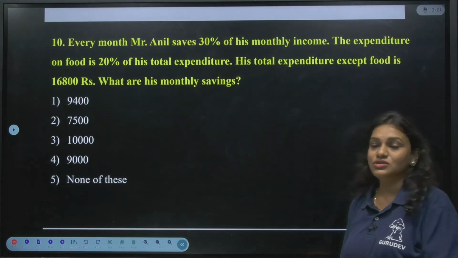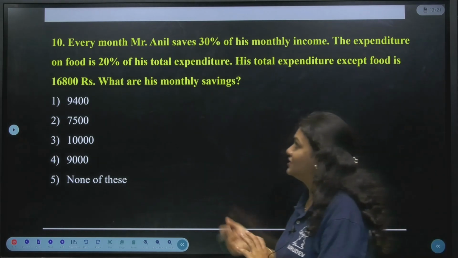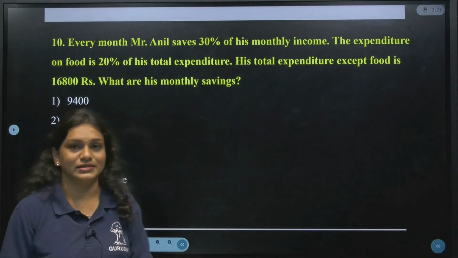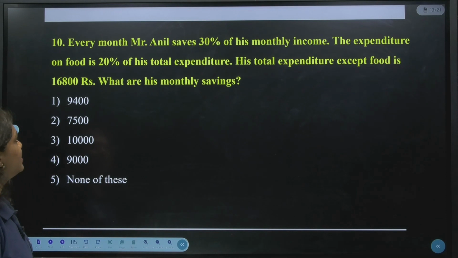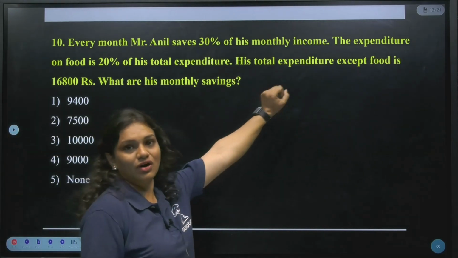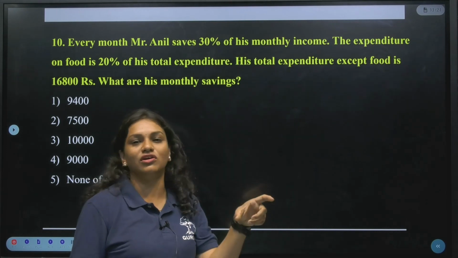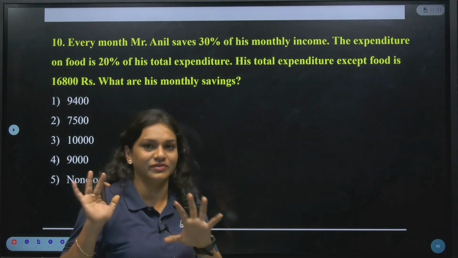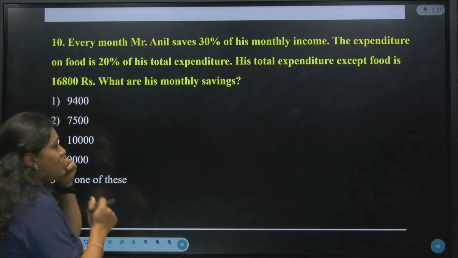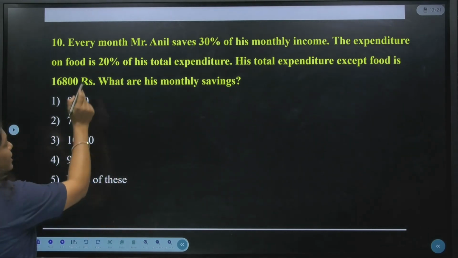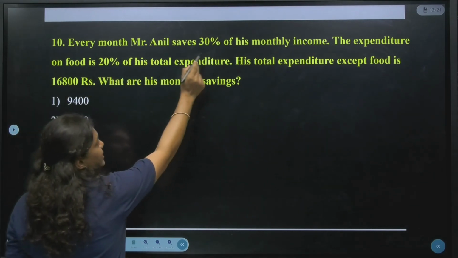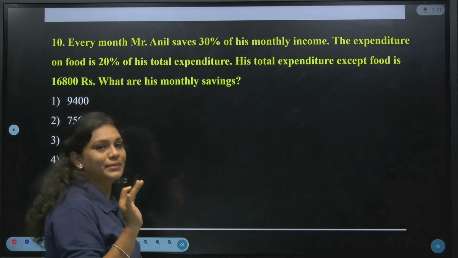So, the next question for today's session is the 10th one. It is also based on income. Whenever it comes under income, always try to think of income equals expenditure plus savings. Now try to analyze this question. Every month, Mr. Anil saves 30% of his monthly income.